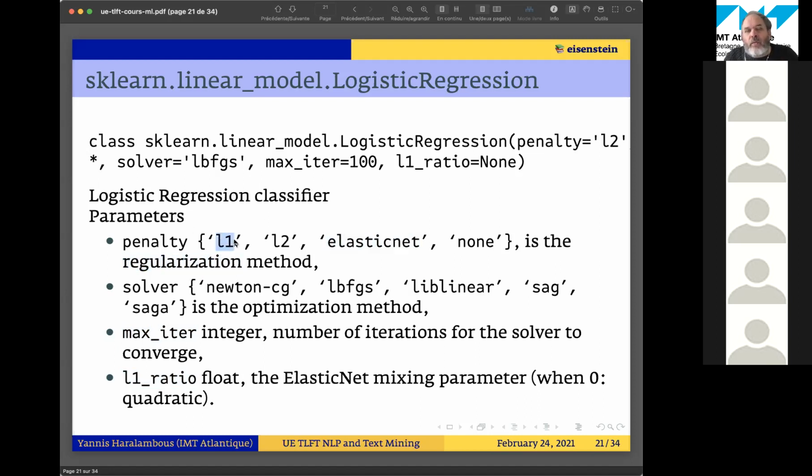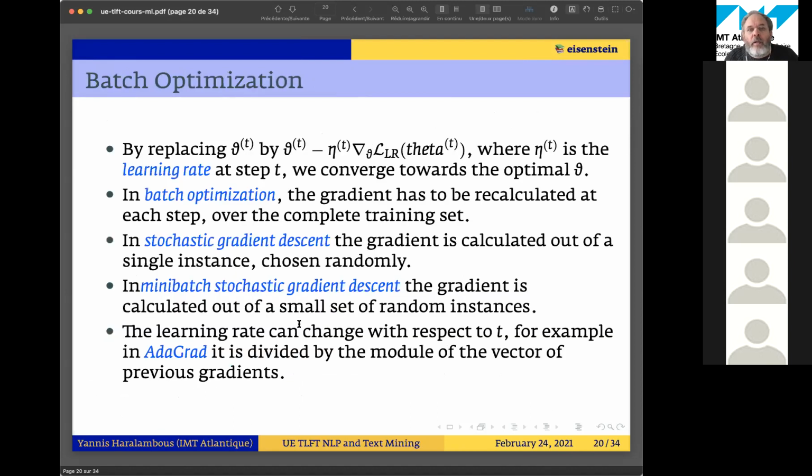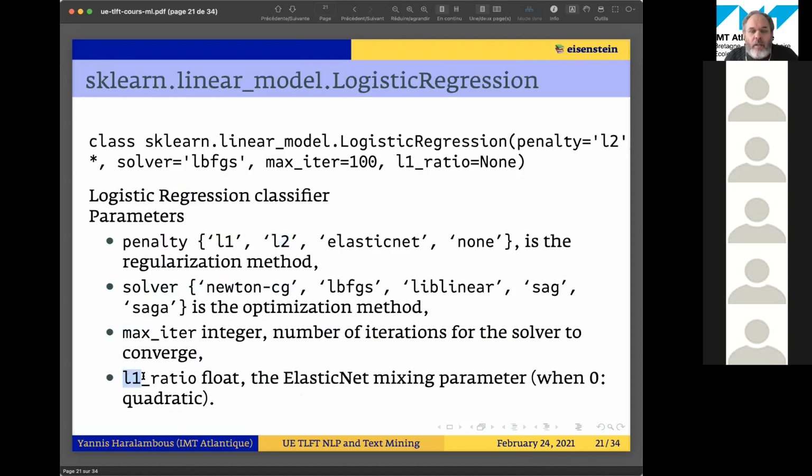You need to weight the combination of linear and quadratic norms of theta, and L1 is the part of the linear norm. So if you ask for elastic net with L1 ratio equal to 0, it's like asking for L2. And by none, you don't do any regularization.